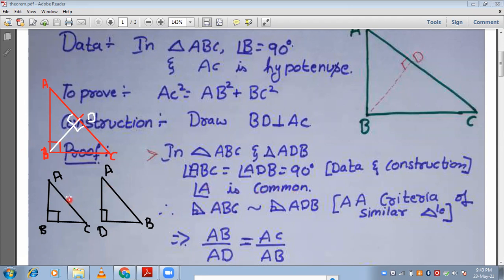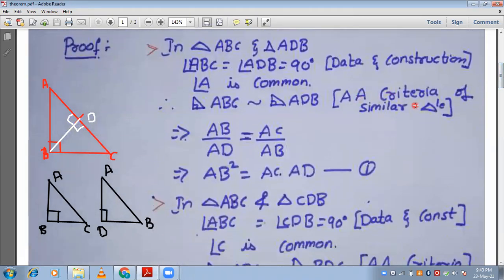Therefore, triangle ABC is similar to triangle ADB by AA criteria of similar triangles. We know that if two triangles are similar, then corresponding sides are proportional.